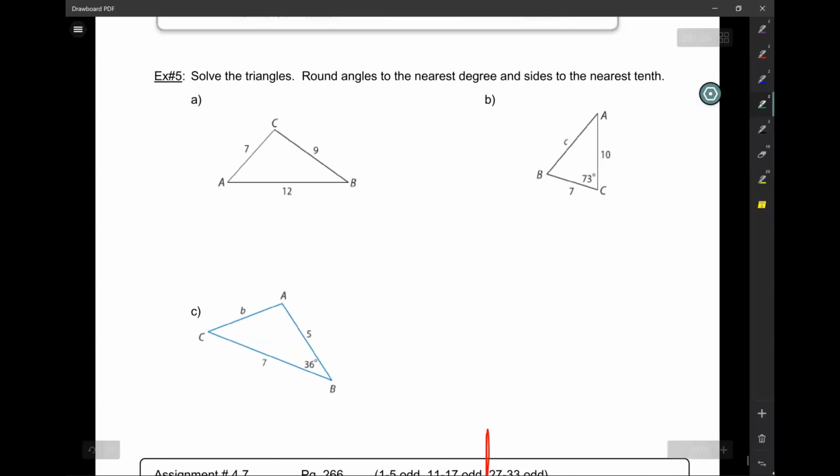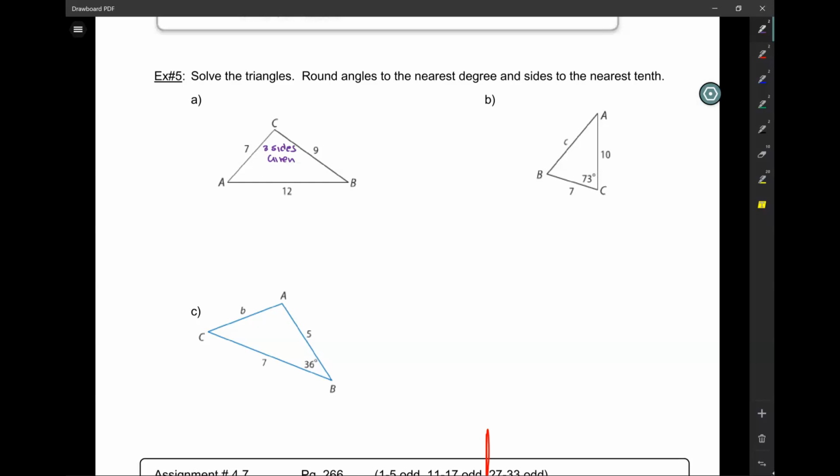All right, let's do this first one. Look at this first one. You have three sides given, so I'm going to use the law of cosines. It's not really up to you which one you start with.